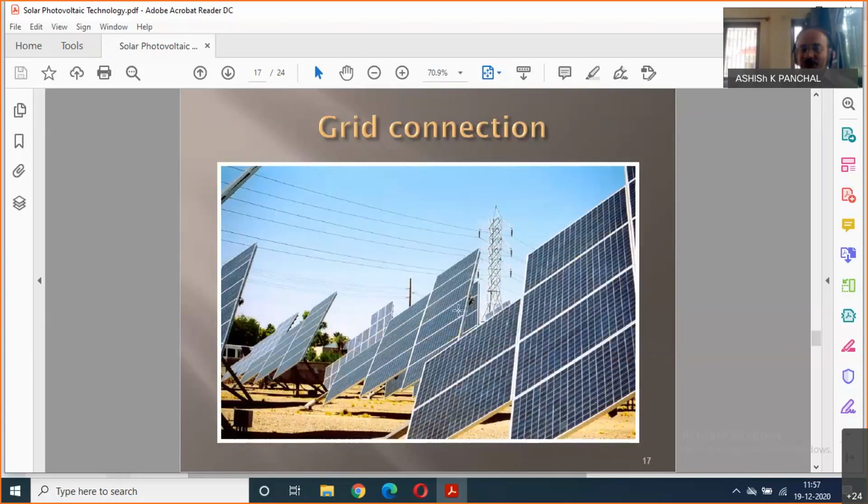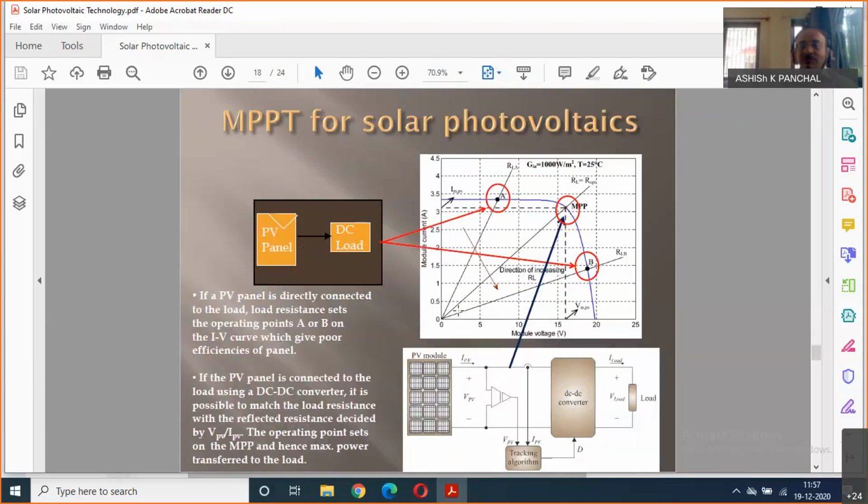Now the challenge is that, because of the change in sunlight intensity, the condition is going to change every 5 minutes, every 10 minutes. When the condition changes, the maximum power point changes. Suppose I have a battery connected to the PV panel.